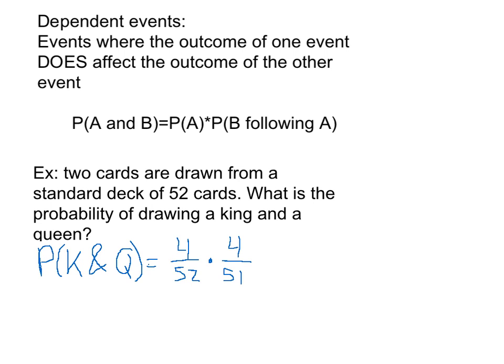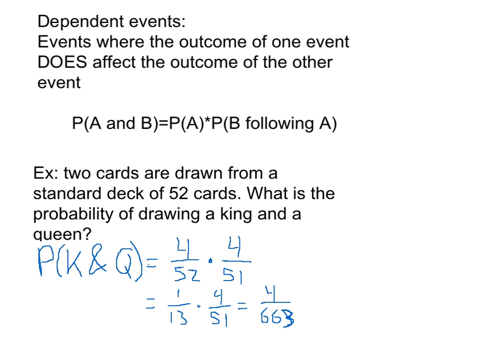But now I just need to actually multiply this out. I'm going to simplify before I multiply. 4 over 52 can be simplified to be 1 over 13. 4 over 51 cannot be simplified at all. So now I'll multiply straight across, and I'll get 4 over 663.